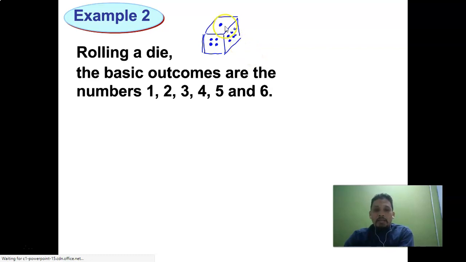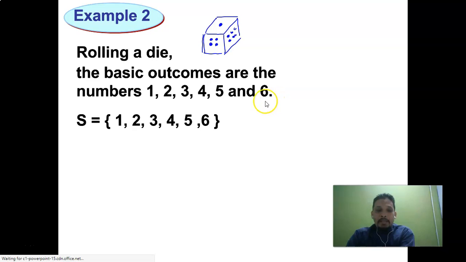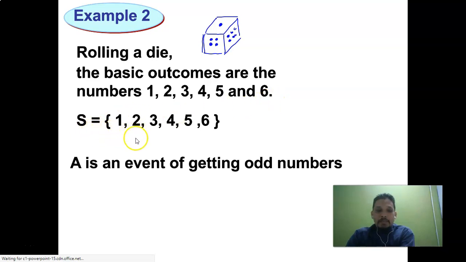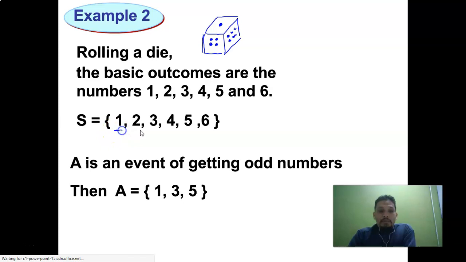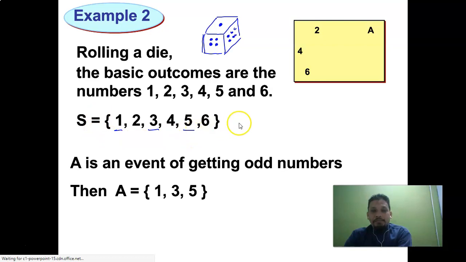The basic outcomes are the numbers 1, 2, 3, 4, 5, and 6. So this is the sample space. A is an event of getting odd numbers. Then A equals 1, 3, 5. It's a subset of the sample space.